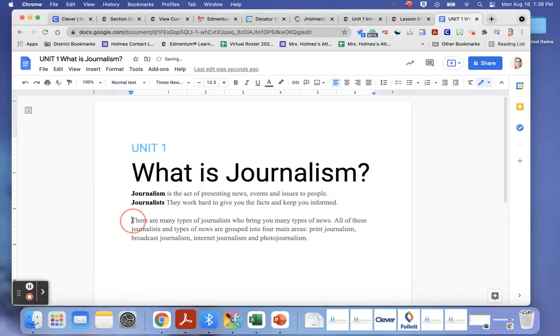I would probably get rid of that, and all this. Types of news are grouped into 4 main areas.